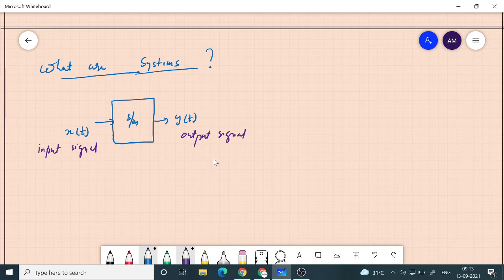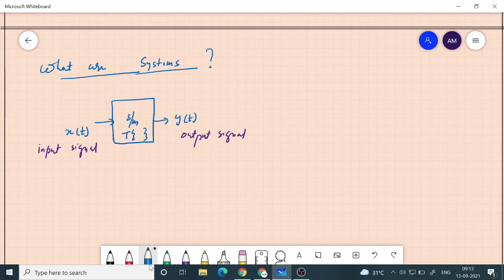So what does the system do? The system could be represented by a transformation. Whatever input you give, it will take a transformation, and after the transformation you get a different signal.